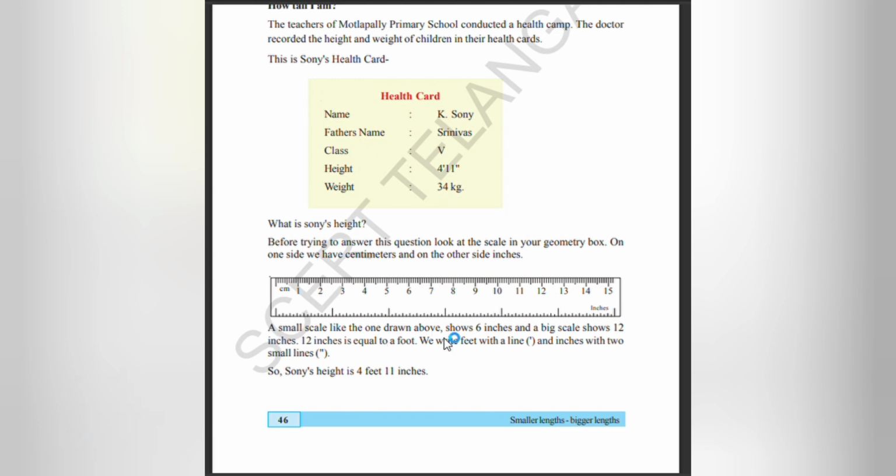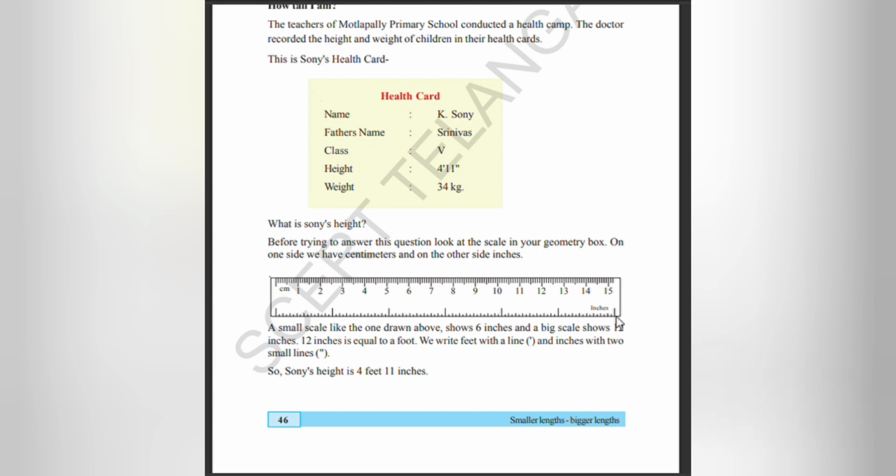A small scale like the one above shows 6 inches and a big scale shows 12 inches. 12 inches is equal to a foot. We write feet with a single line and inches with two lines.